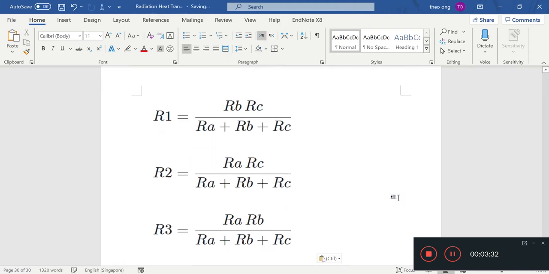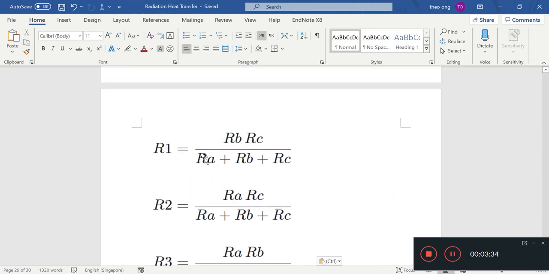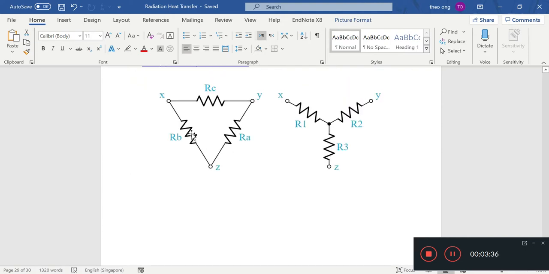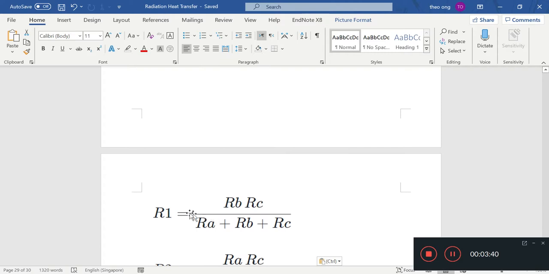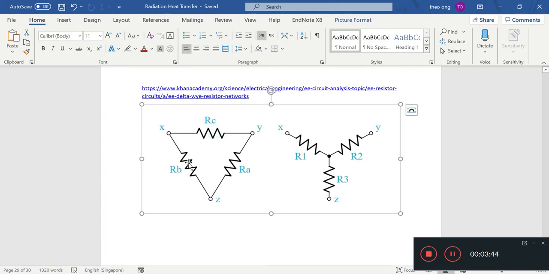Okay, so the denominator is RA, RB and RC. So what is R1? R1, you can take a look, RB and RC. Well, RB and RC are connected to the X terminal, so these two multiplied together over the sum of all three.